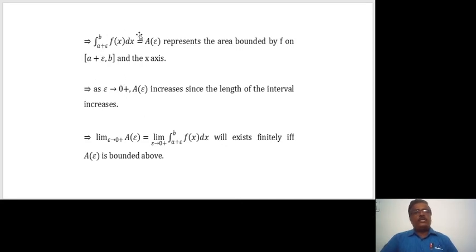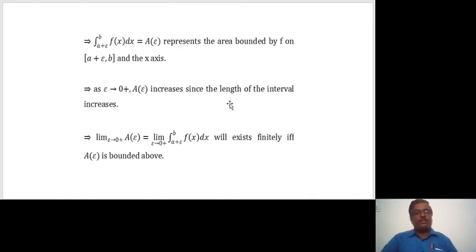So therefore this represents the area bounded by f and the x-axis over the interval a plus epsilon to b. This means as epsilon tends to 0 plus, this A of epsilon increases, because as epsilon tends to 0 the points are increasing.